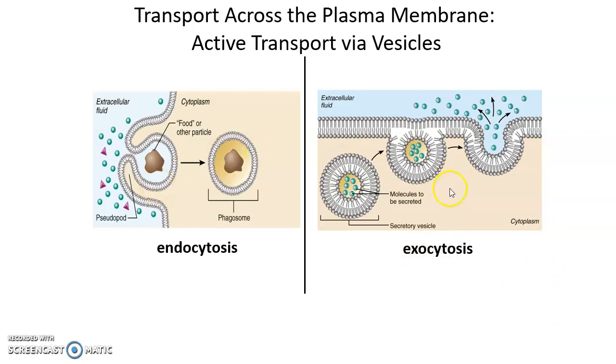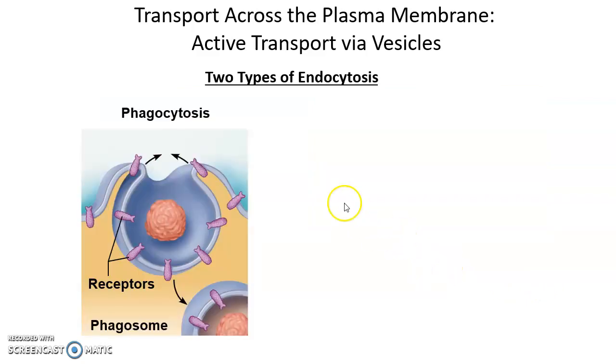Now, nowhere in here do we see ATP being used, but it turns out a lot of ATP is required for changing the shape of the plasma membrane and for moving vesicles into or toward the surface of the cell. Two types of endocytosis. We have phagocytosis. This involves bringing in a large solid structure.